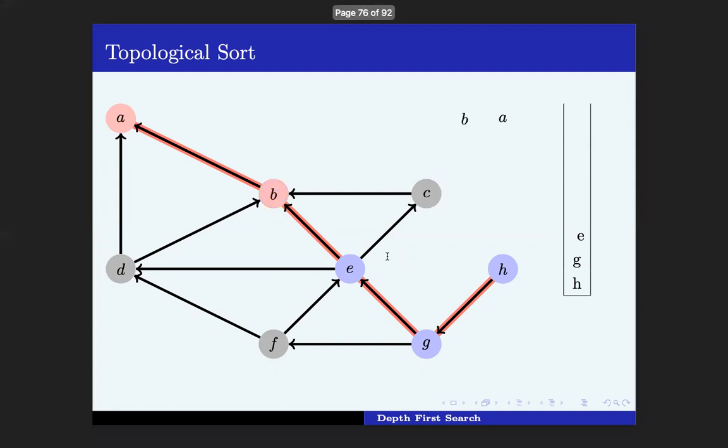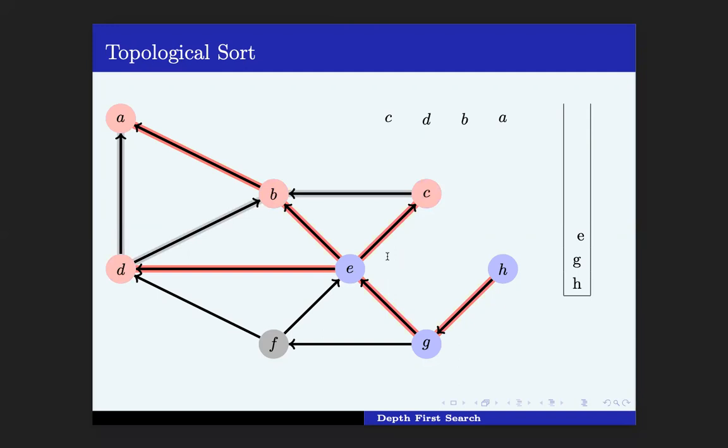Then I go to B. At the time, B also is done. Then I go to E, but E is not done because E has an edge. So I go to D. Then D is done. D looks at all of them. So D is done. And then you go back to E and look at this. Then you have C, which is done.